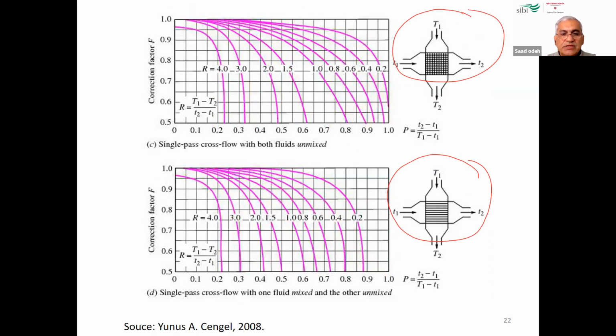Also, we have for the cross flow, different designs. So we have single pass cross flow with both fluids unmixed. And also we have single pass cross flow with one fluid mixed and the other unmixed. So those are different designs of heat exchanger.